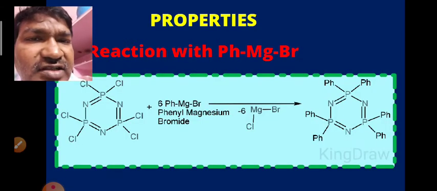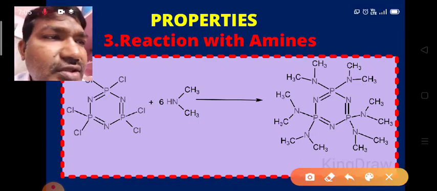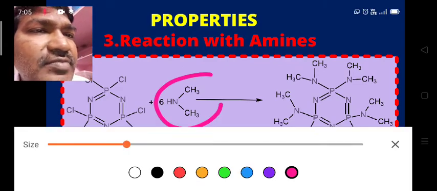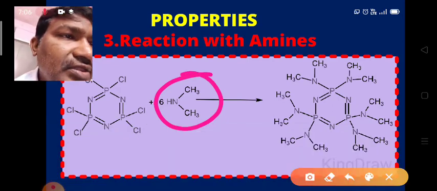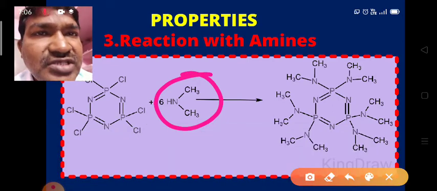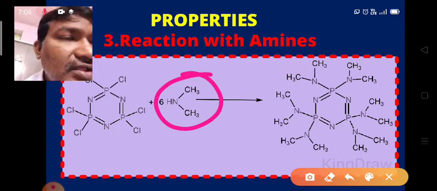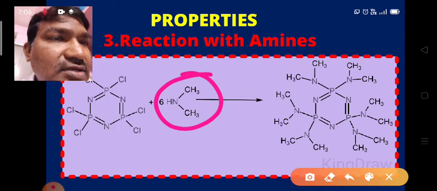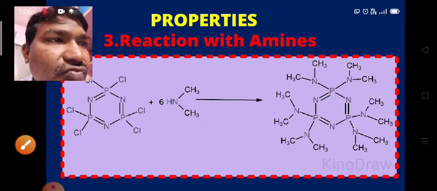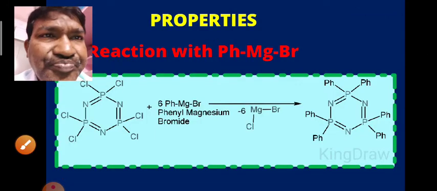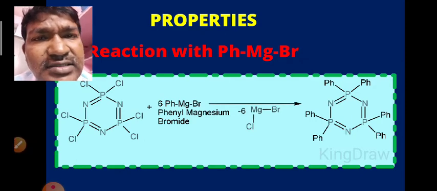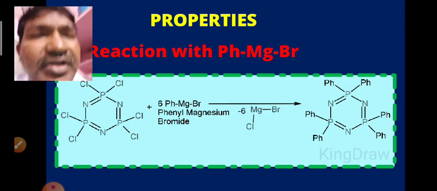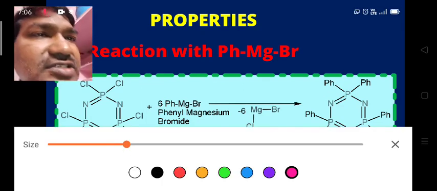In a similar way, these phosphazenes react with secondary amines also. Here for the secondary amines we are taking dimethylamine as the example. All chlorines are substituted with the secondary amine and we get the substituted product. In a similar way, these phosphazenes react with Grignard reagents.